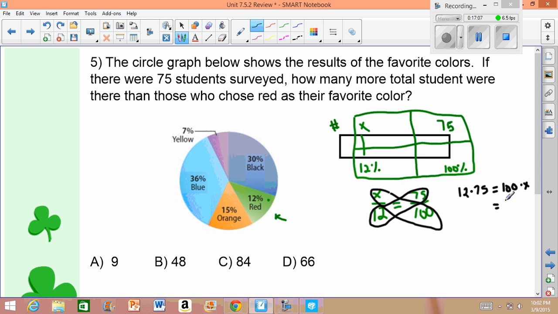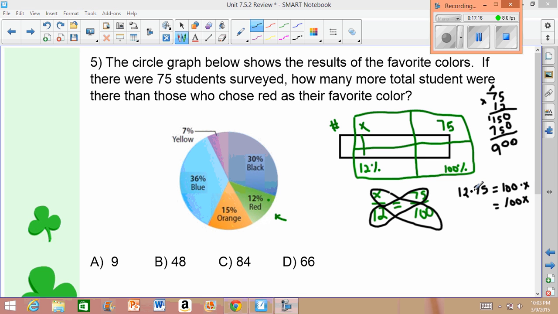We already know this part on the right is 100x, so the only thing I have to do is go multiply 12 times 75. So when I multiply 75 times 12, I end up with that answer being 900. So we're going to take 900 and we're going to divide it by 100.